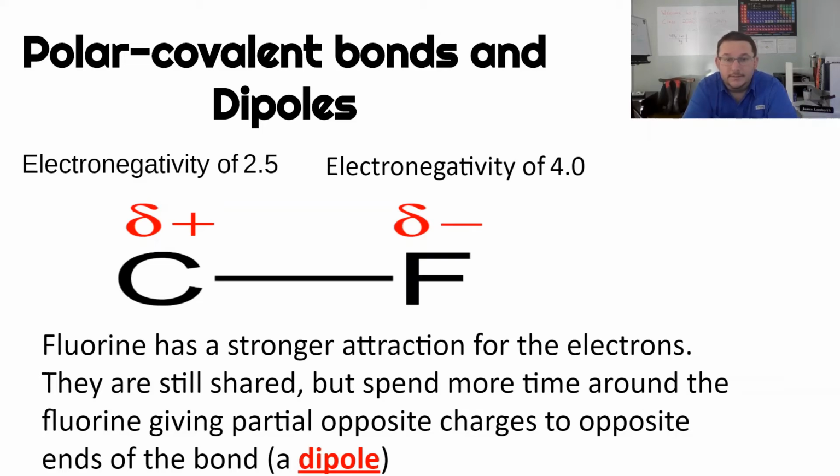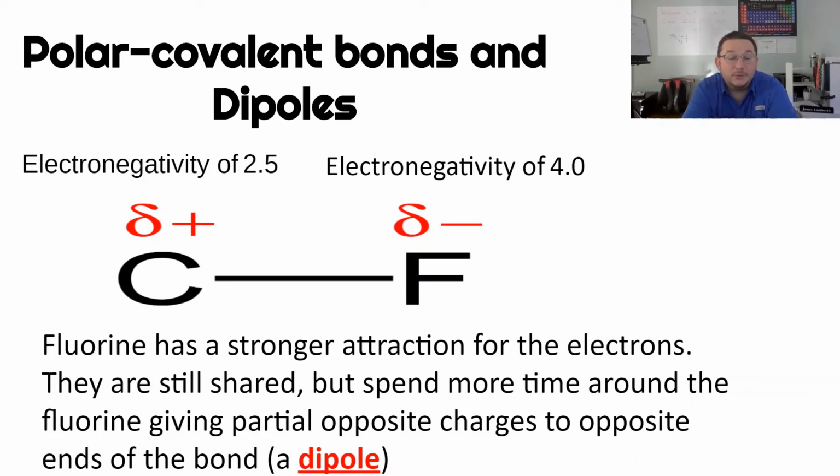You can think about it as, since fluorine is more electronegative, those electrons are going to be spending more time around fluorine than carbon. So we say that a polar bond has a dipole. Now, to be clear, a dipole is actually a numerical value that gives us an idea of the magnitude of a bond or a molecule.